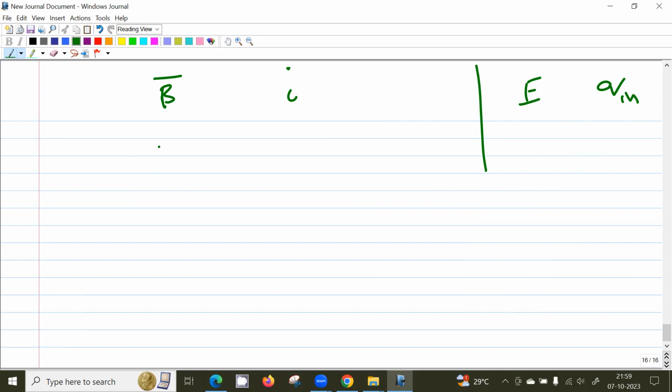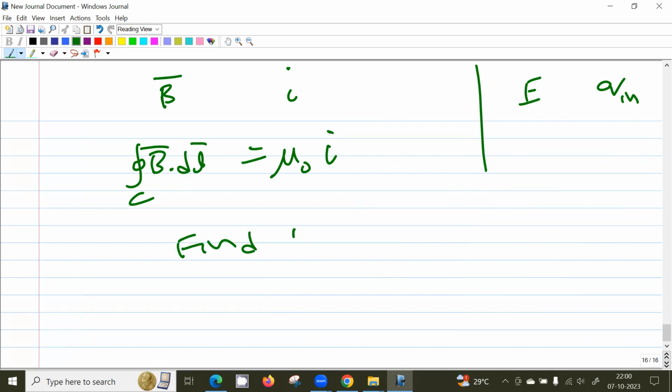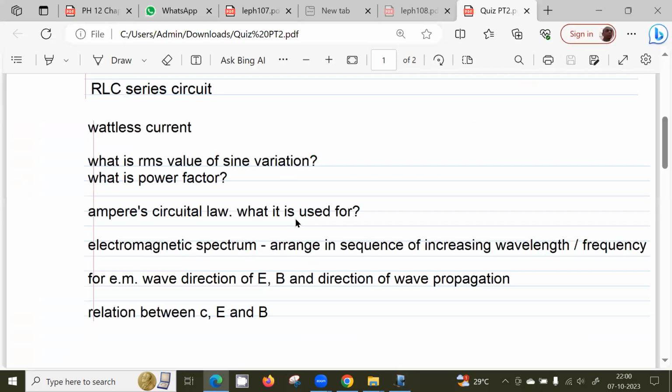So here Ampere's second law gives me the integral of B dot dl over this closed contour equal to mu naught into I. This is basically used to find the magnetic field given the source, which is the current I.